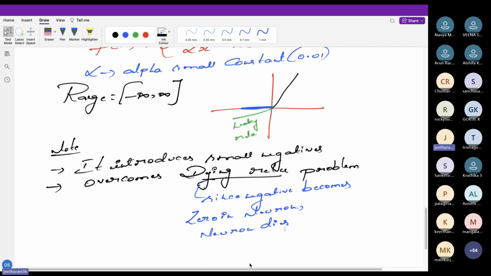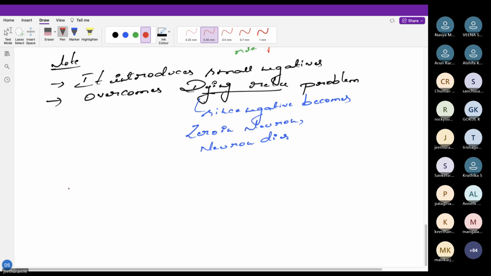We have one more. We call it ELU. You know what is ELU? ELU is the exponential linear unit.